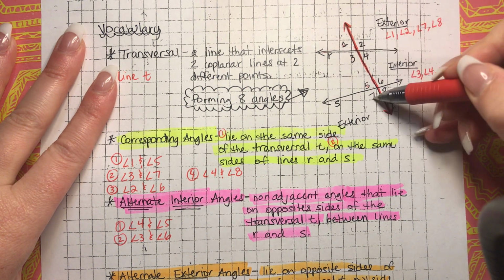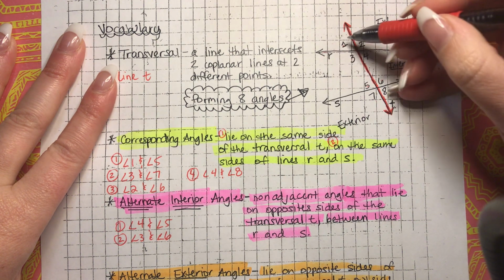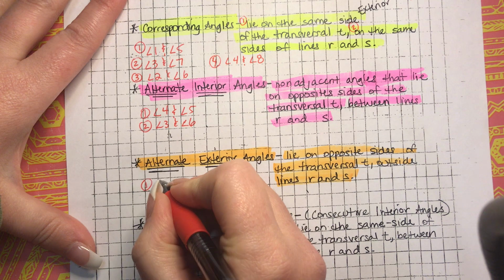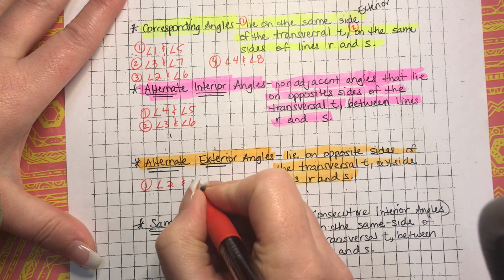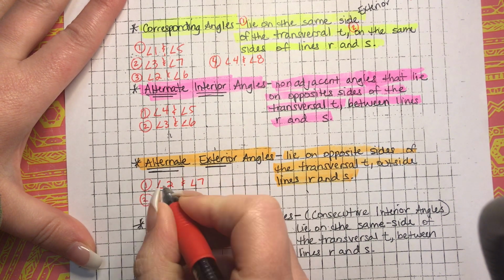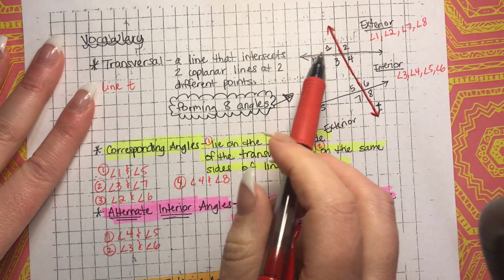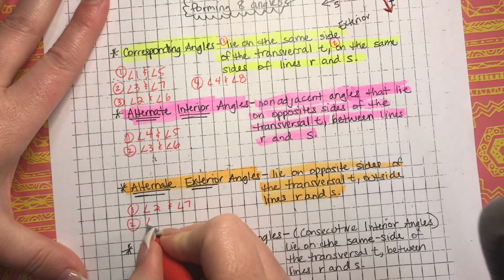So that would be angle 2 and 7 are alternate exterior, and also 1 and 8. So the first example would be angle 2 and angle 7, and the second example, alternate exterior, 1 and 8.